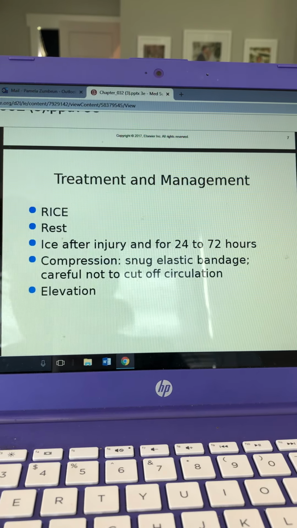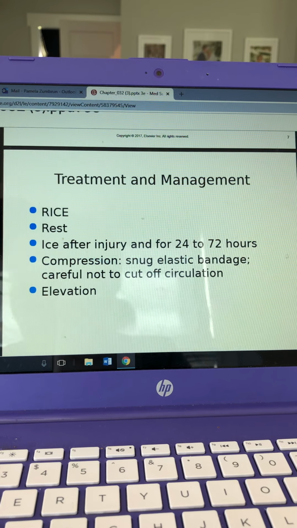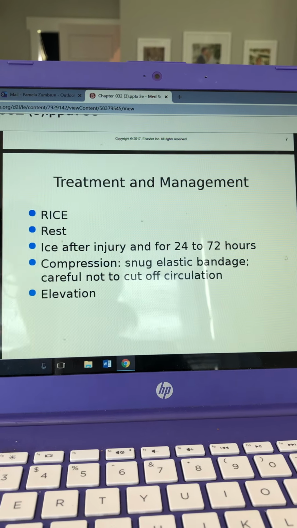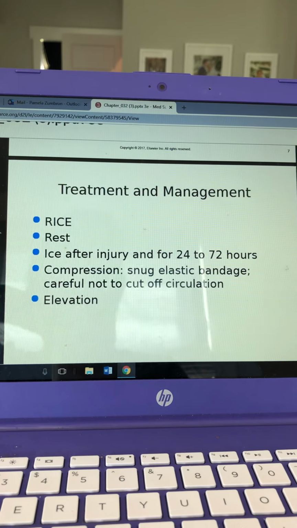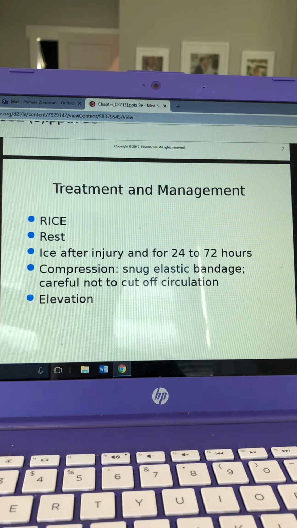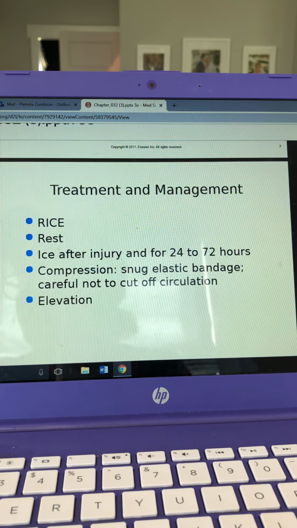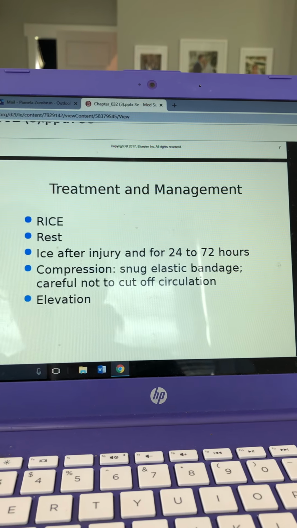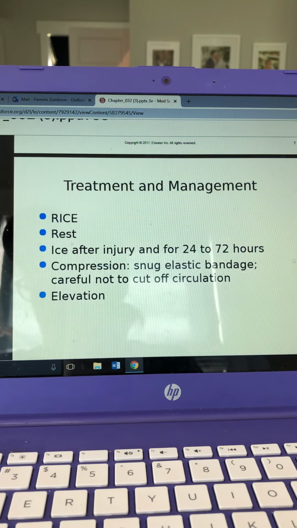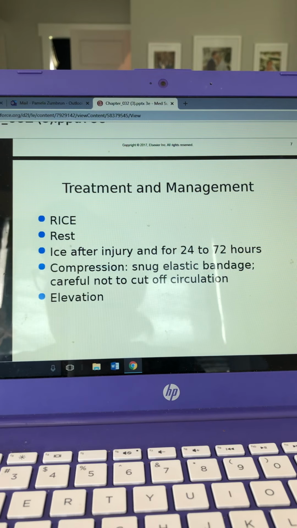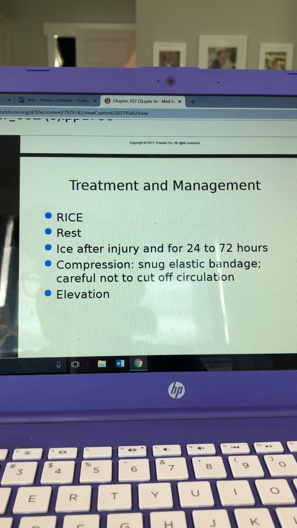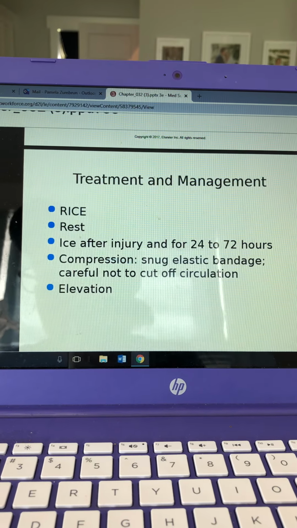But after 48 to 72 hours, then heat can be used on the injury. But when we're thinking about RICE here or applying ice to someone for therapy, we have to be very careful about not getting the limb too cool or not using it too much.